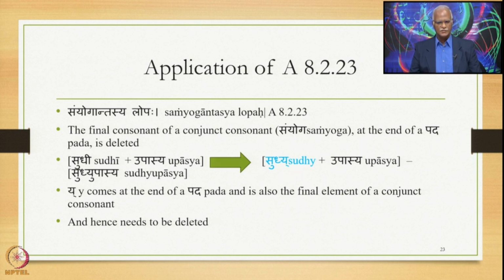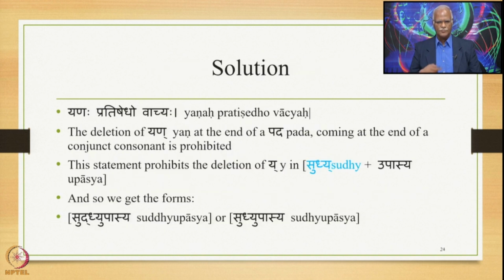What is the answer? There is no explicit answer given by Panini himself. The solution is provided by the Vartikakara, who says yana pratishedho vachaha. The deletion of yan at the end of a pada coming at the end of a conjunct consonant is prohibited. That is the statement that was made.